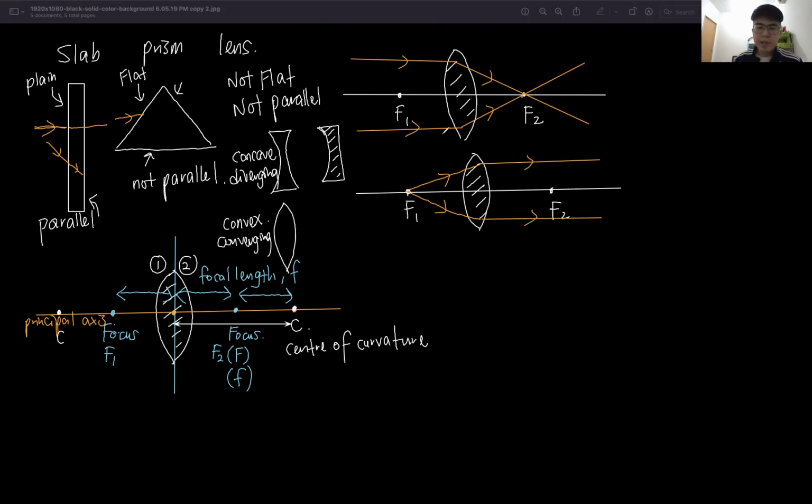The second one is actually the reverse of the first one. Any light ray coming from F1 will become parallel after passing through the lens.